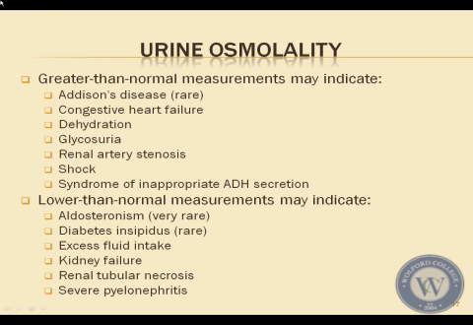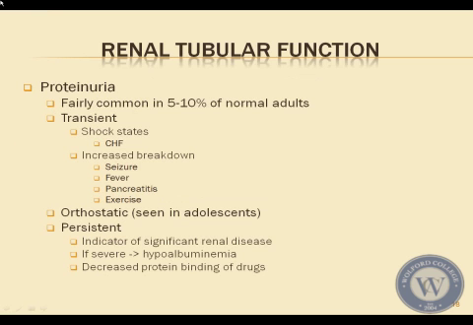Greater than normal measurements may indicate things like Addison's disease, congestive heart failure, dehydration, spillage of glucose and glycosuria, renal artery stenosis, shock, and syndrome of inappropriate ADH. Lower than normal measurements may indicate aldosteronism, diabetes insipidus, excessive fluid intake, kidney failure, renal tubular necrosis, and severe pyelonephritis.